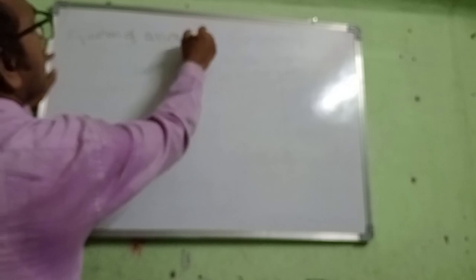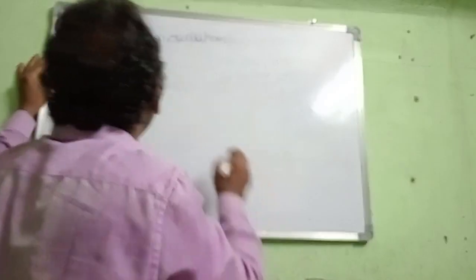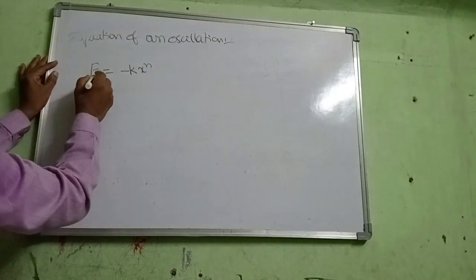See, what is the equation of an oscillator? How will it be? F equal to minus k x power n. F equal to minus k x power n is the equation of the oscillator.